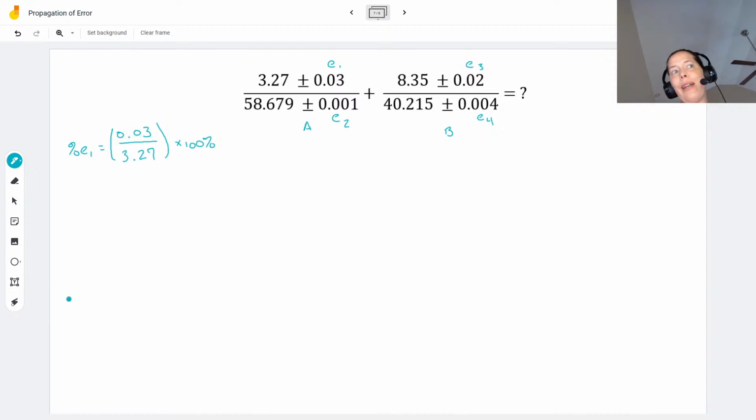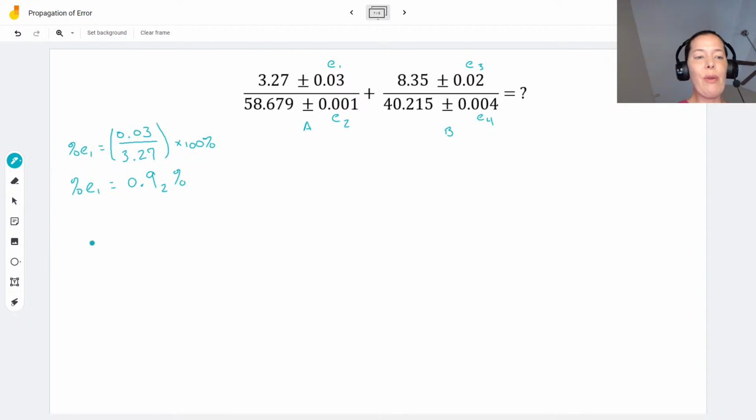A lot of times I tend to break it up more in my calculator, but I just keep going until I get the answer I want. Okay, so my percent relative uncertainty for my first error is 0.92, again subscripted, and I'm going to put that percent there so I remember this is a percent relative uncertainty.